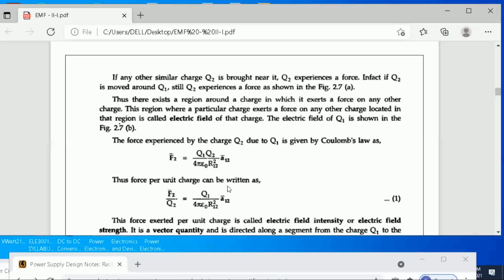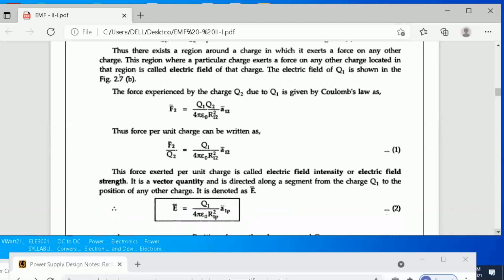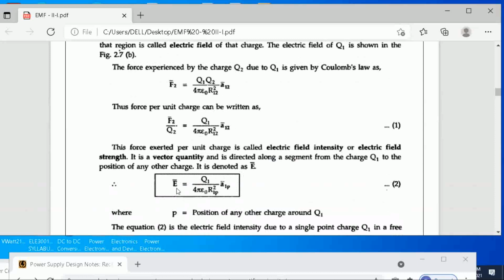The electric field intensity on Q2 due to Q1 is simply Q1 over 4 pi epsilon naught R square times the unit vector. So that is what is known as the electric field intensity, E.